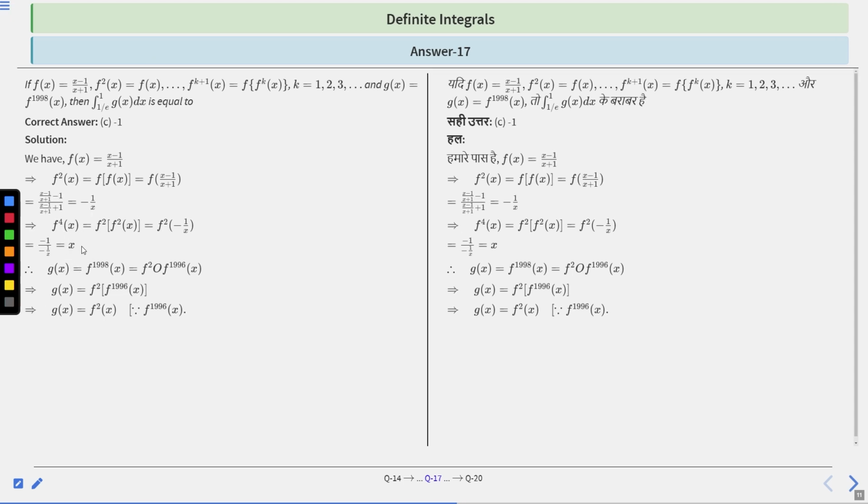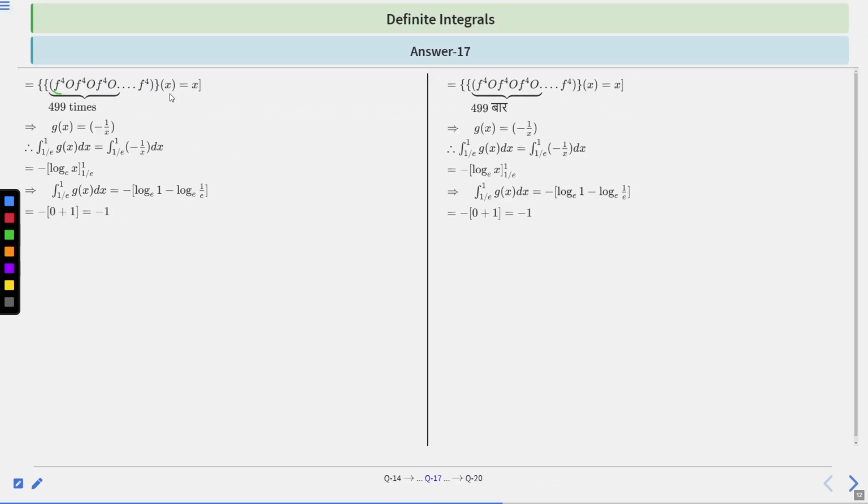So for anything which is a multiple of 4, since 1996 is a multiple of 4, f^1996(x) will be equal to x, right?